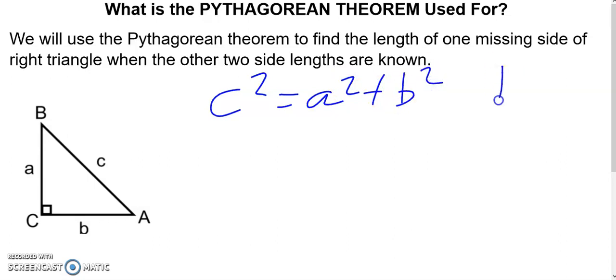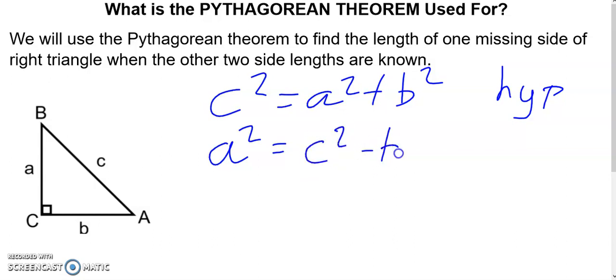That'll let us find the hypotenuse. I can say A squared equals C squared minus B squared. That'll let me find either leg, because the legs don't matter. I don't care which leg is A and which leg is B. The legs are interchangeable.